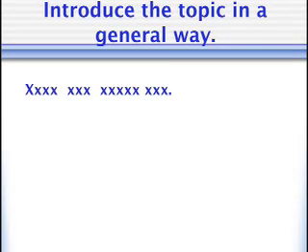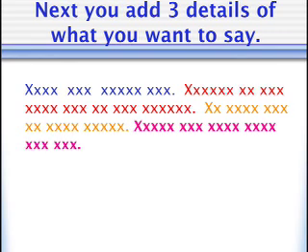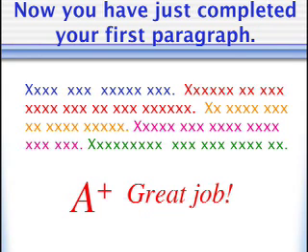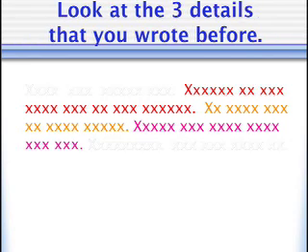Introduce the topic in a general way. Next, you add 3 details of what you want to say. Then you write a clincher, put this sentence last. Now you have just completed your first paragraph. If you want an essay, you must write some more. Look at the 3 details that you wrote before.